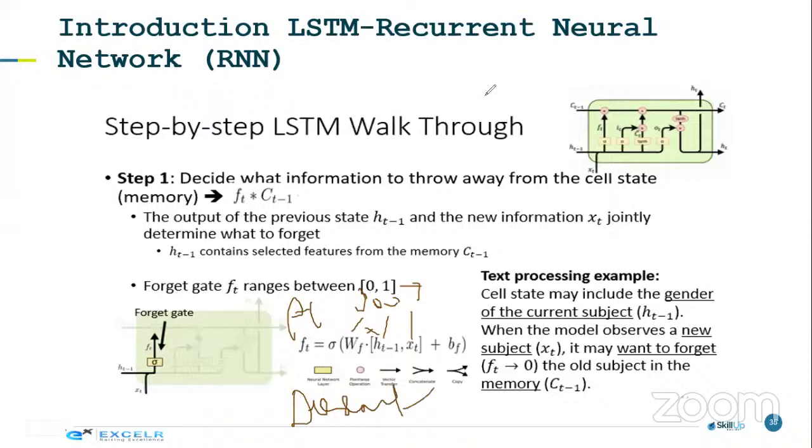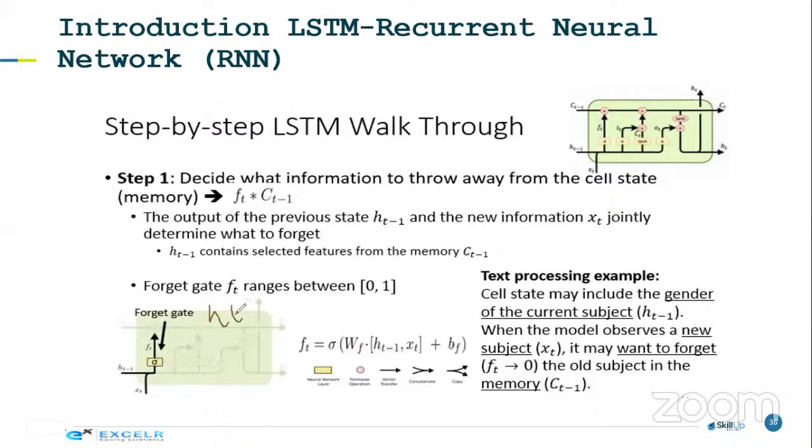Now try to understand what is happening with a real-time example of how this works in the forget gate. Let's say there is a change in the context in the previous state.